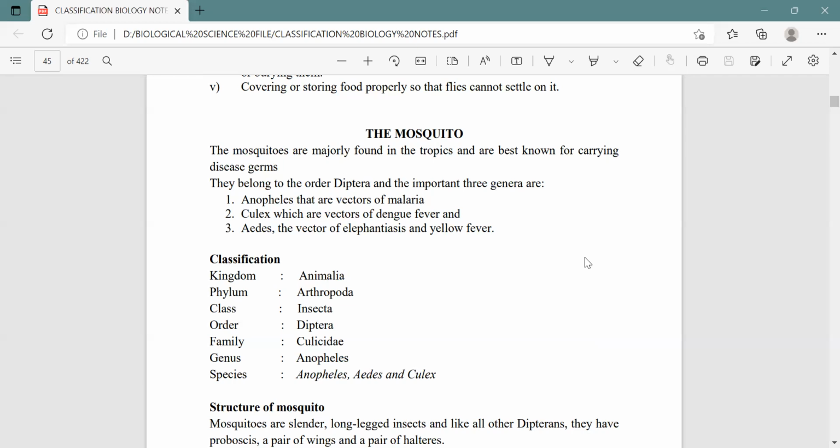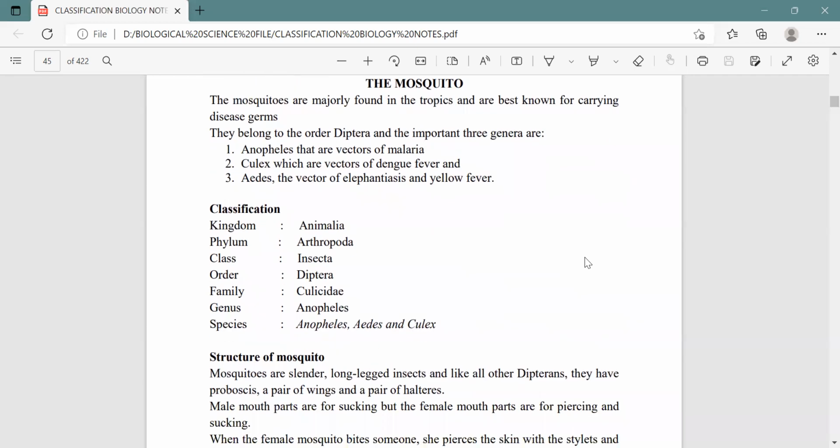Other types of mosquitoes, like the Culex, are vectors of diseases. Culex causes dengue fever. Aedes is a vector for yellow fever and elephantiasis.